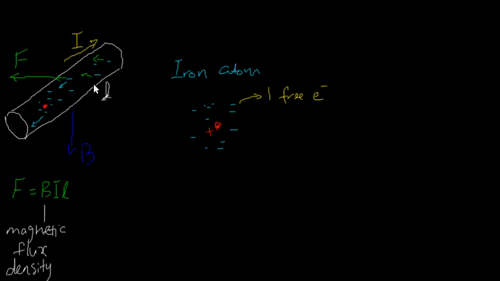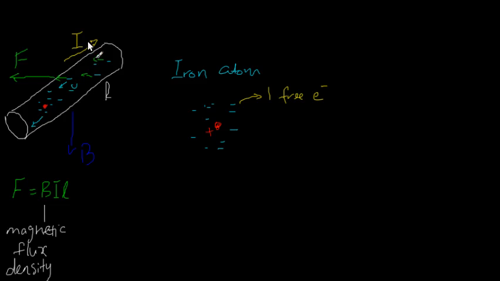Now, wouldn't it be nice if we could also have a formula to calculate the force on each electron? We might imagine that each electron is moving with a certain velocity v.